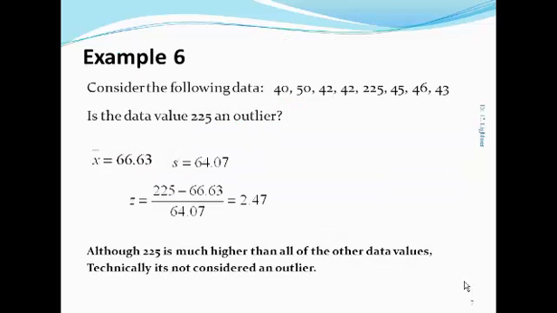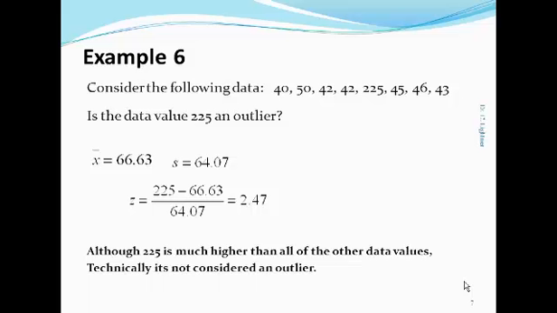Consider this example. We want to determine if 225 is an outlier. Clearly, this value appears to be unusually large when compared to its peers in this data set. The mean for this data set is 66.63 and the sample standard deviation is 64.07.